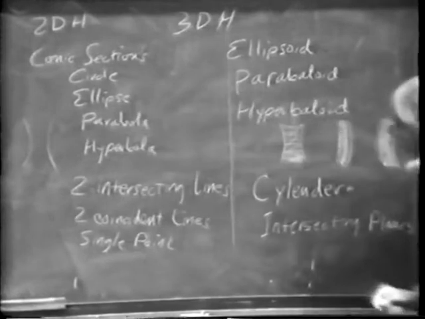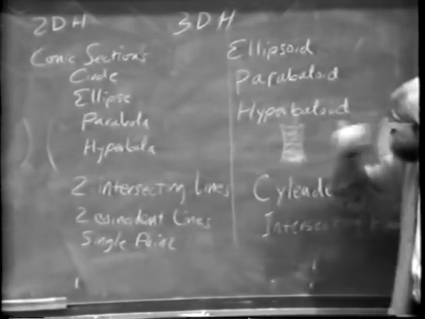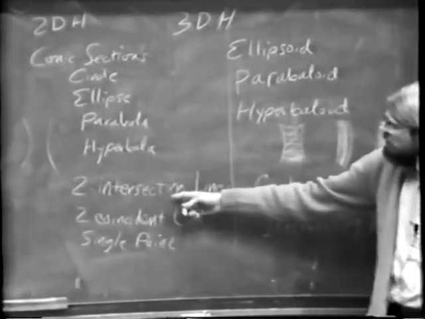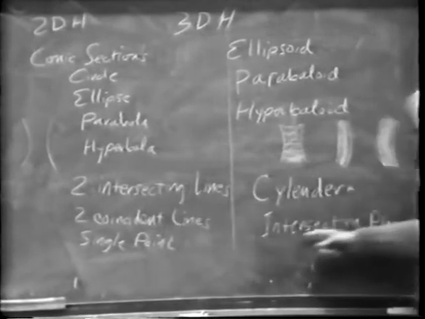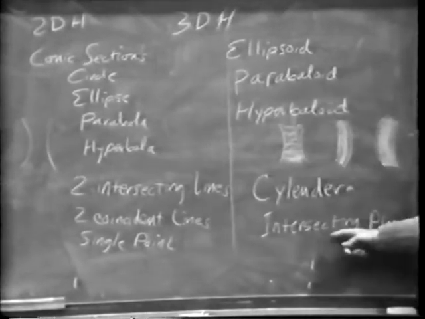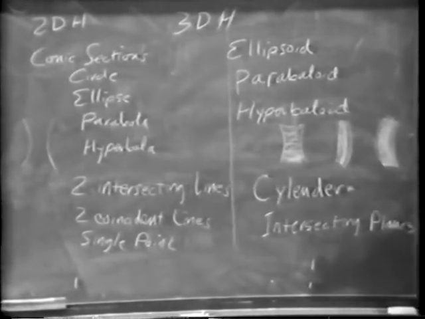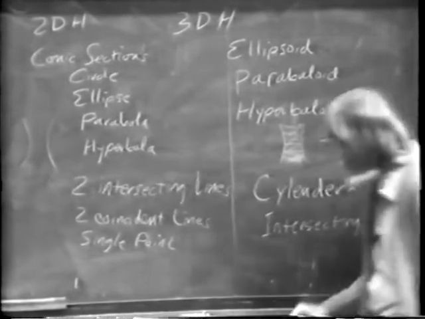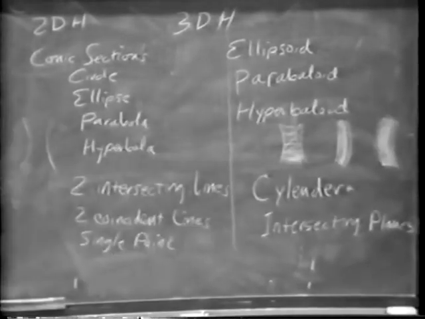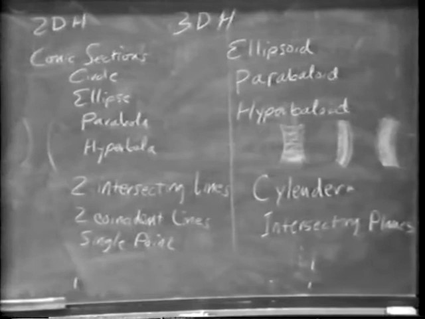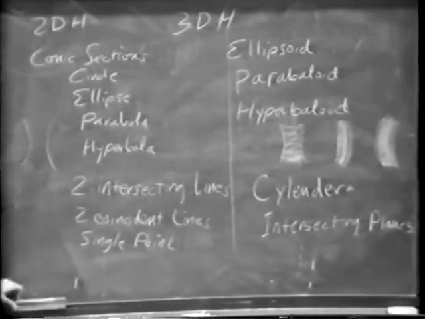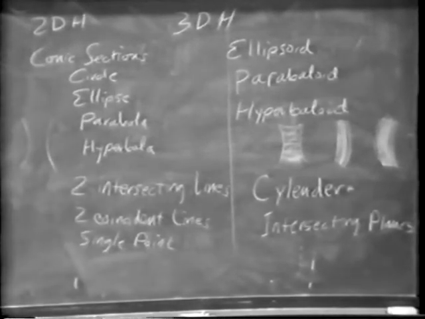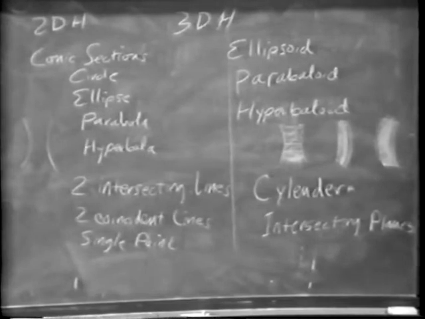Intersecting planes, just as two hyperbolas can get degenerated into two intersecting lines. Two hyperboloids can degenerate into two intersecting planes. And there are a few other similar things like that, two coincident planes or a single point, whatever. So what we'd like to do is to establish a little bit of order in all of this mess.